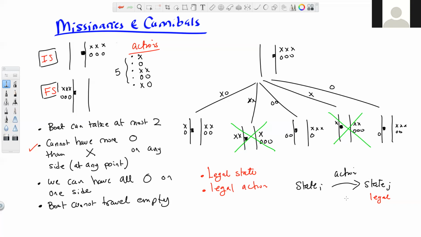And I also want the action to be legal, because some actions are not applicable to certain states. Not every action will be applicable to every state. So now this seems to complicate things a little bit, because you have the notion of states. Some of them are legal, some of them are not. And when you want to apply an action to a state, it has to be applicable. And not only does it have to be applicable, the state that it generates has to be legal. So you may think this will make things a little bit hairy.